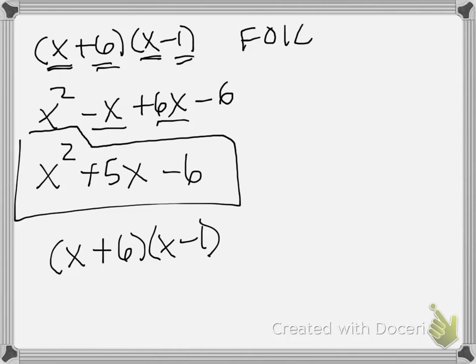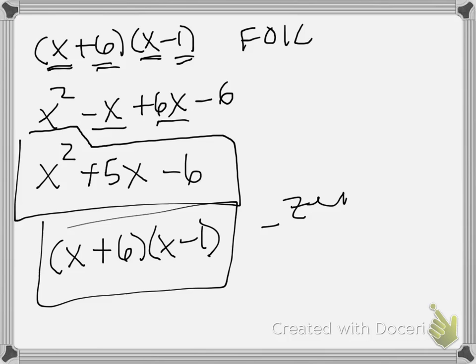Now keep listening to the video if you would like to know how to find the solution to this factored form equation, also known as the zeros or the roots. So our factored form equation is x plus 6 and x minus 1.